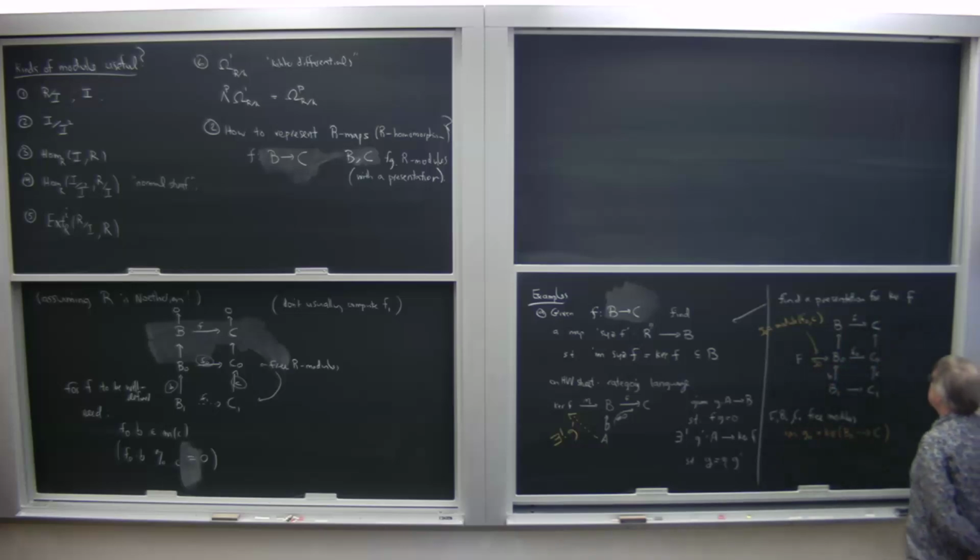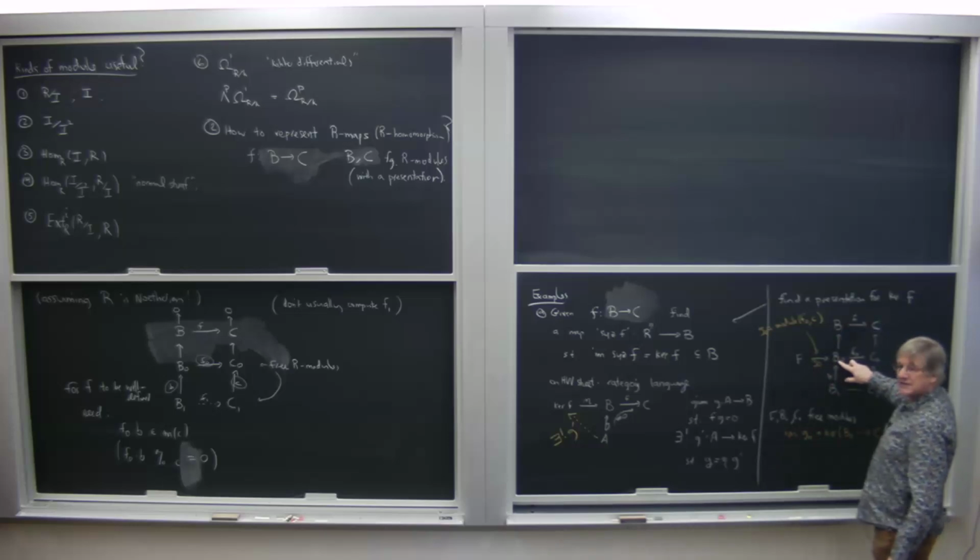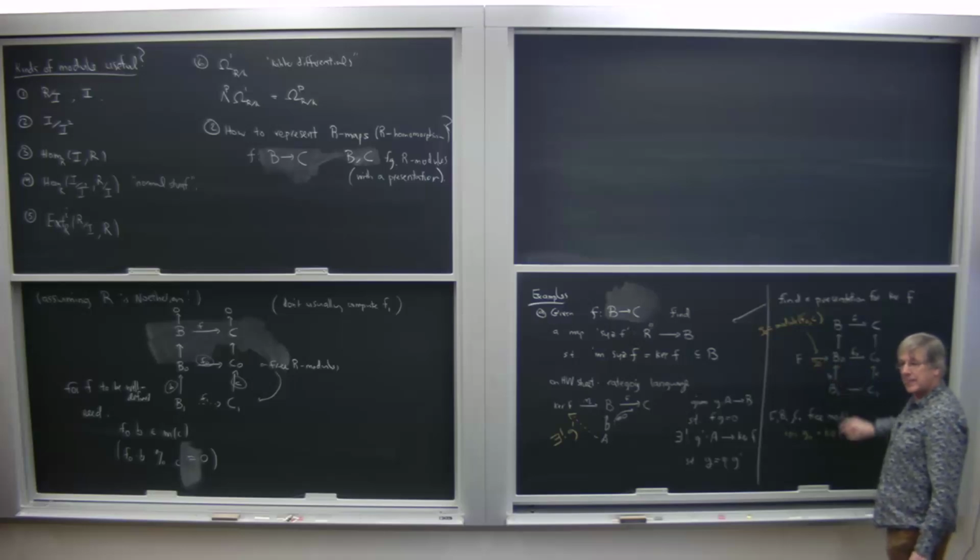Does that map onto the kernel of this? It sure does, because the kernel of this and the kernel of this are the same thing, since these are both the same map. So we have that. Now we want a presentation of this. So what do we do next? We want a presentation of the image of this thing here.